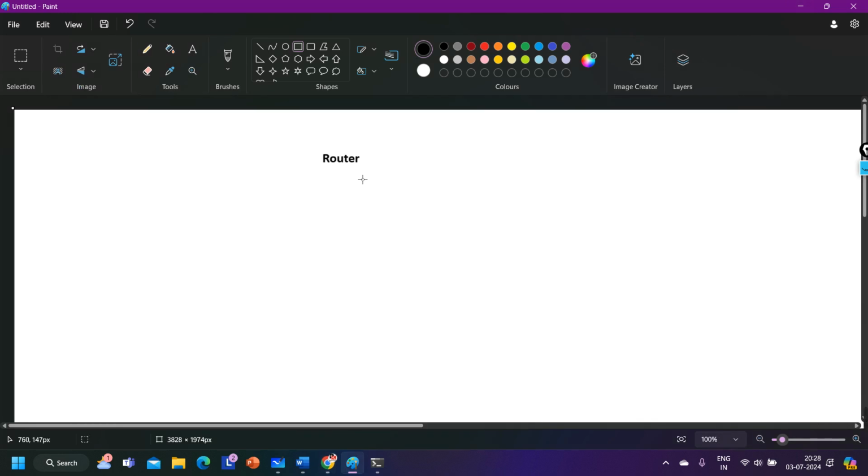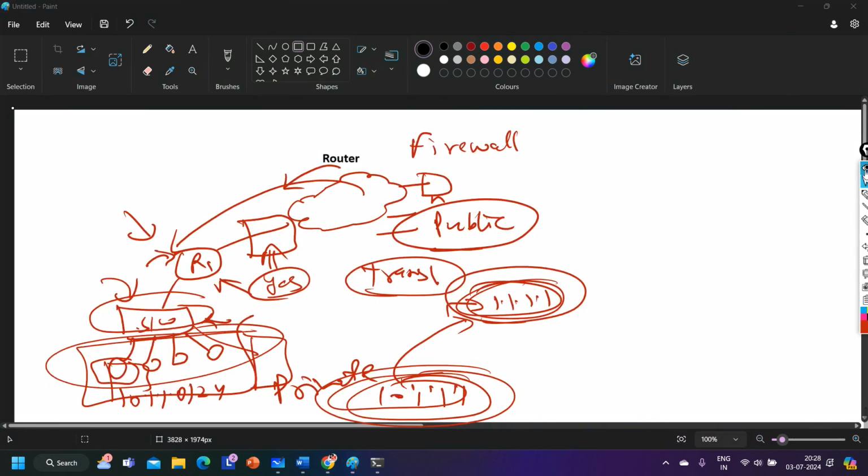But the firewall works to secure your network only. Got it? So you cannot say that I will not use a firewall because I have NAT. The firewall provides many more features. When we discuss the firewall, you will see the configuration and how we can achieve good security, meaning we can completely secure the network.